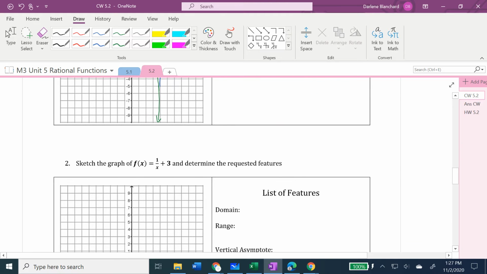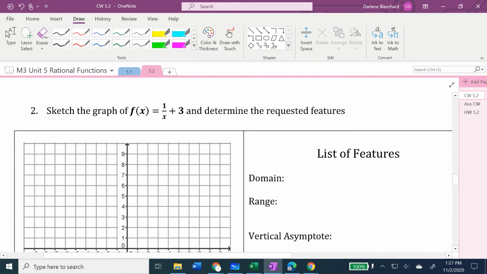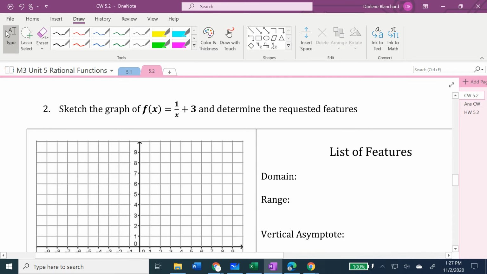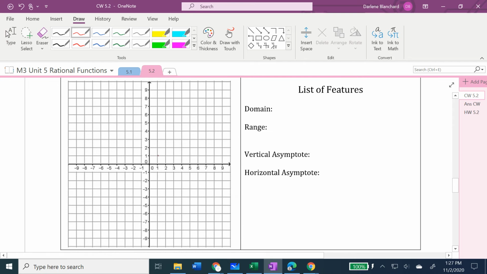Next example problem. This time what's happening? We are moving this up 3 units. I recommend that you again start with the main points, 1, 1, negative 1, negative 1, and put a plus sign at the center of the asymptotes.